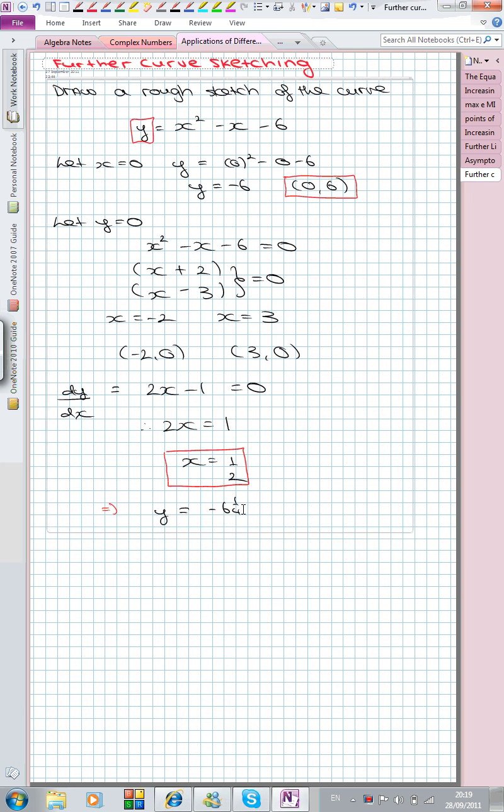So the coordinate of our turning point is (a half, minus 6 and a quarter).